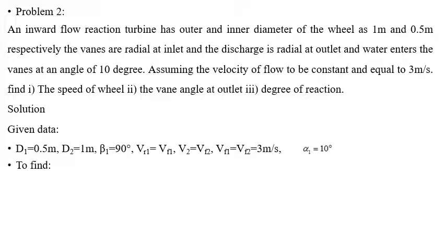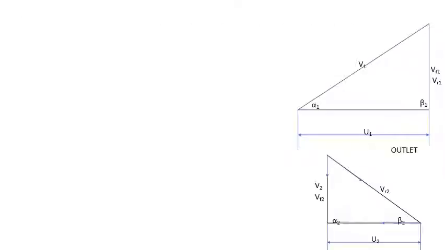So now to find: the first one is the blade speed or the speed of the wheel. Second one is the vane angle at outlet, that is, beta 2 is how much. Third one is the degree of reaction. From the inlet velocity triangle, tan alpha 1 is equal to Vf1 by U1.